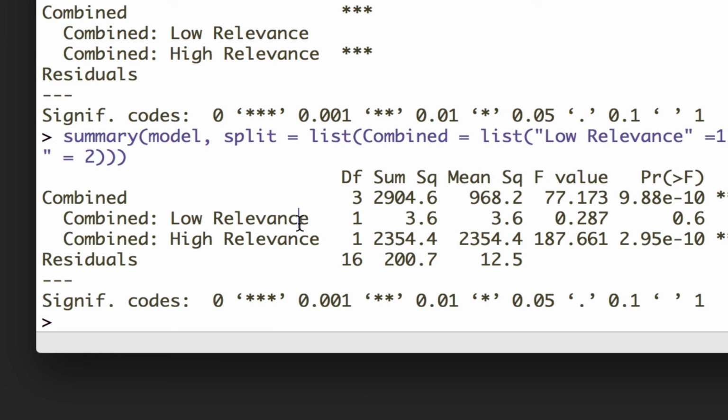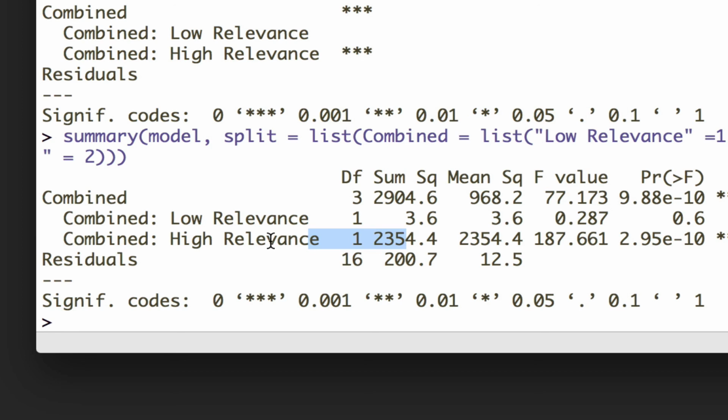But in the high relevance condition, there was a significant difference. So in terms of interpreting our interaction, these simple effects allow us to be confident that the effect of the message only matters in the high relevance condition, or that a message has to be highly relevant for it to have an effect.